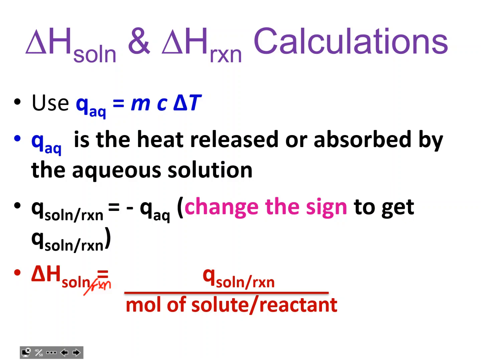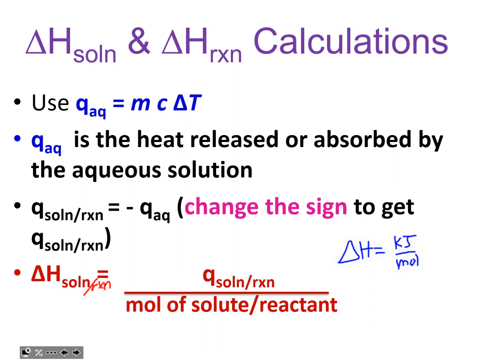So this is the last way of being able to calculate delta H. You find the heat of whichever process you're dealing with, and you divide it by the moles of whatever was inputted, basically. Because we know that delta H is measured in kilojoules per mole, right? It's going to be kilojoules per mole of that thing.